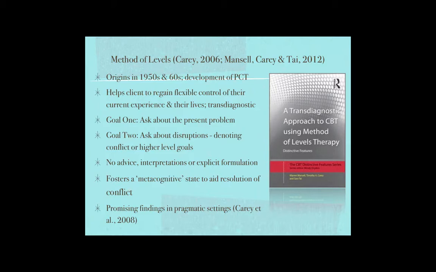And it's a transdiagnostic approach. We don't hone in on one particular disorder. We have a goal to ask about the present problem as the person is aware of it, and a second goal, which is to ask about disruptions which potentially note either conflicts the person's experiencing or higher level goals in our hierarchy that you just saw. And that's essentially the way the therapy works.